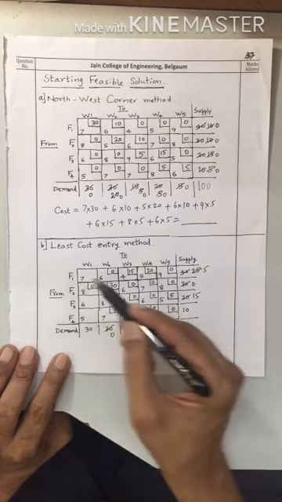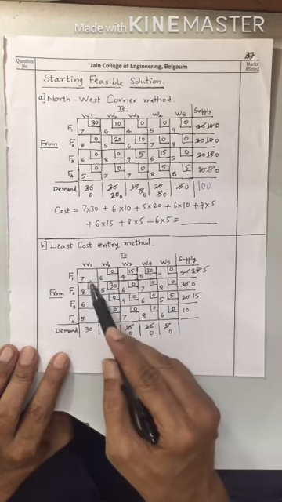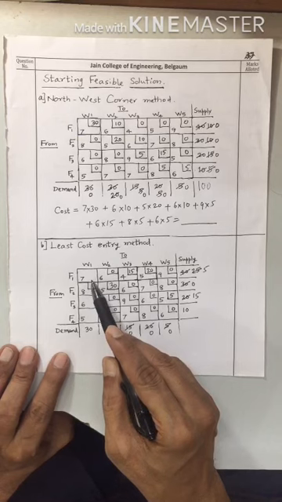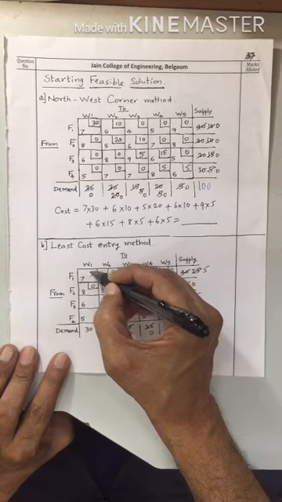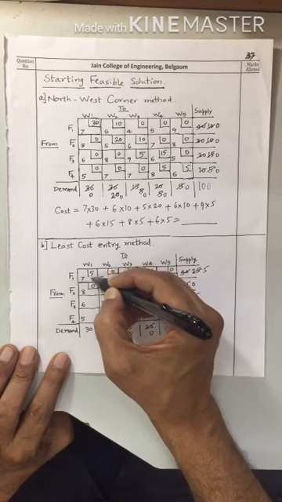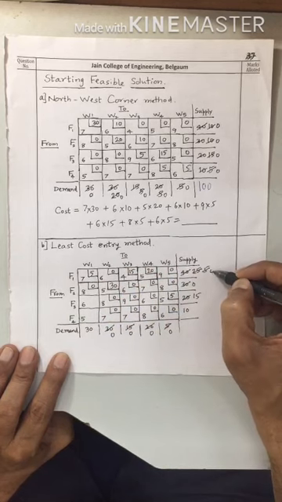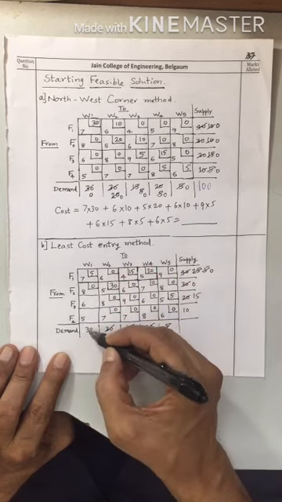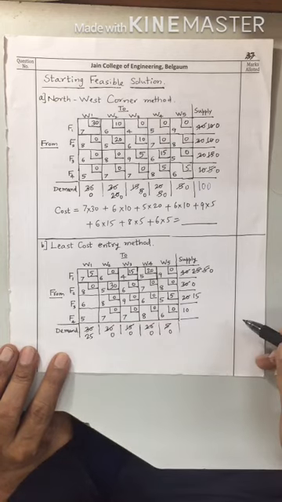Now in the first row, I don't have to choose anything by least cost because this is the only cell. So F1, W1 has to be 5, because we have to lift all the goods available at F1. 5 minus 5 is 0 and the demand of W1, which was 30, now becomes 25.